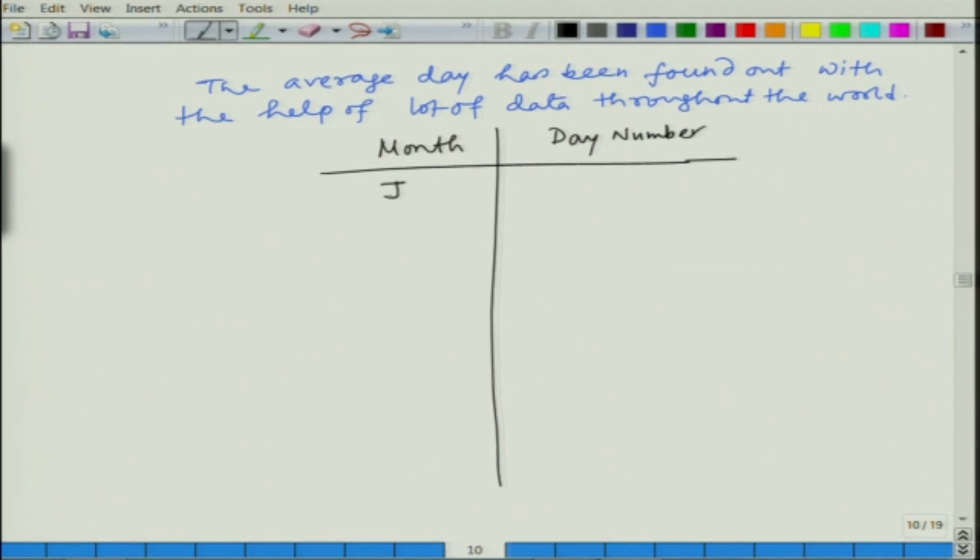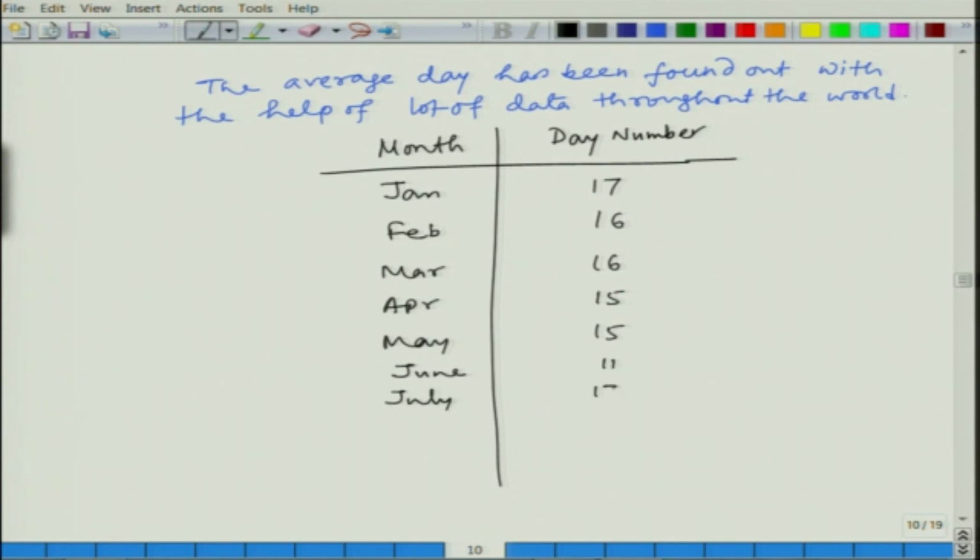For January it is 17th, for February it is 16, March 16, April 15, May 15, June 11, July 17, August 16, September 15, October 15, November 14 and December 10.